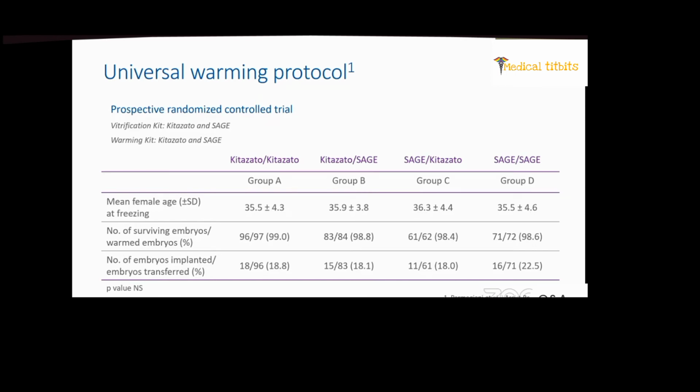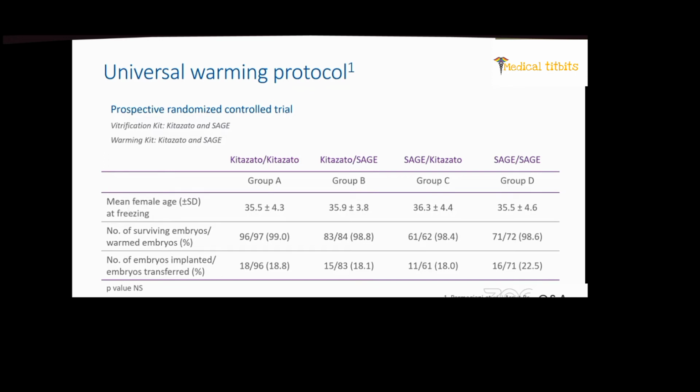Each embryo was randomized for vitrification using 2 different vitrification kits, Sage and Kitazato. Then, at warming, the embryos were randomly allocated to either Kitazato or Sage warming kits. The universal vitrification and warming procedures were performed for both commercial kits with slight changes.